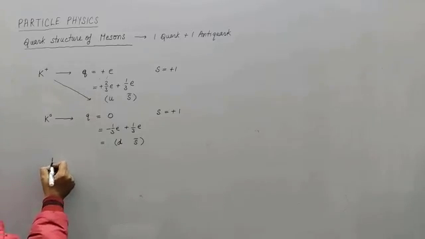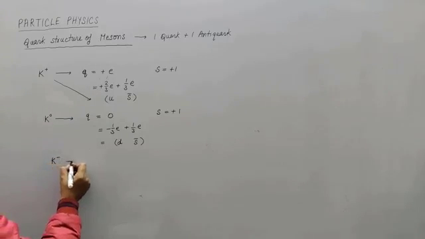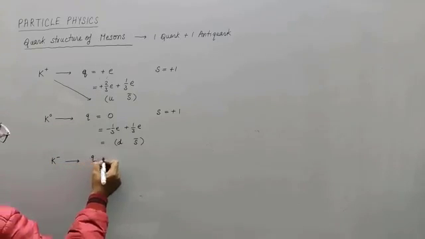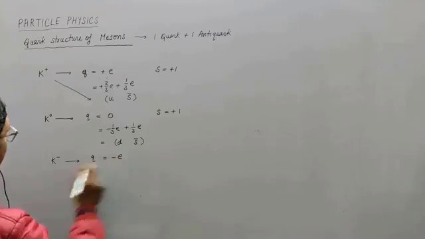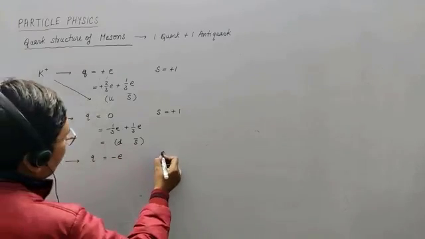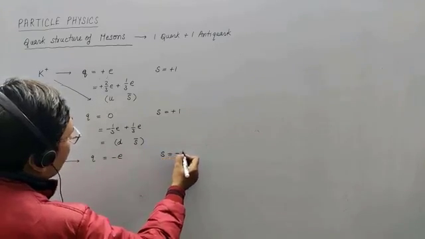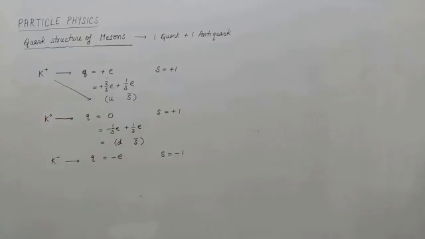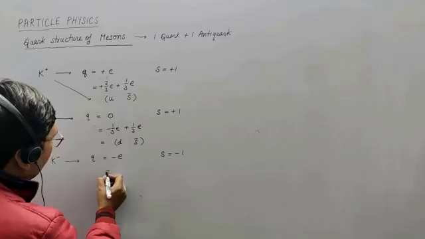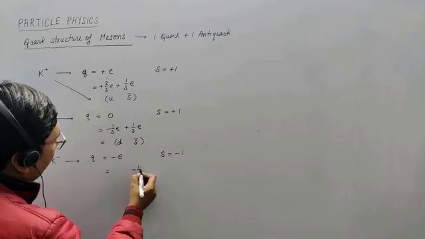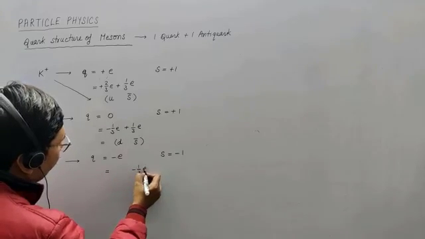Now come to K minus. Total charge Q is equal to minus E. Strangeness number of this is minus 1. So automatically one of the particles involved is the strange quark.